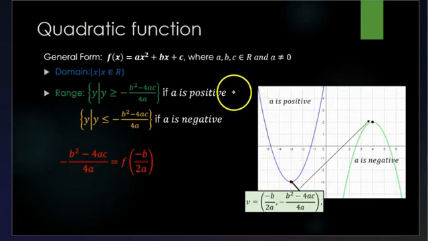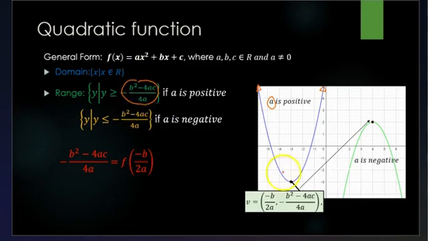So how do we know if we have a parabola opening upwards? The value of a is positive. That means in our range, we have this lowest value. Hence, this will be the range if your parabola is opening upwards. What does this expression represent?